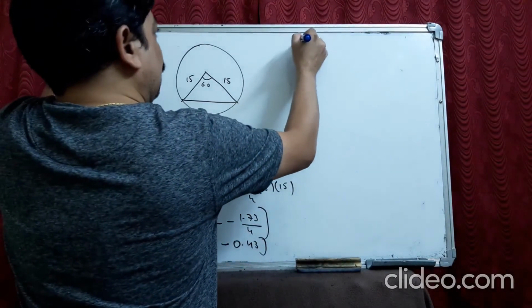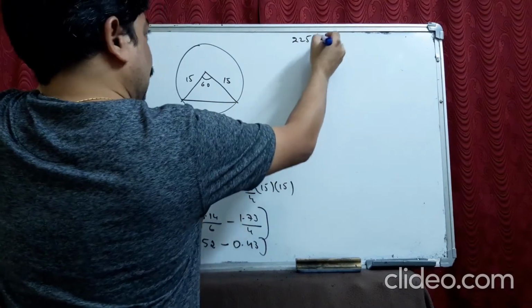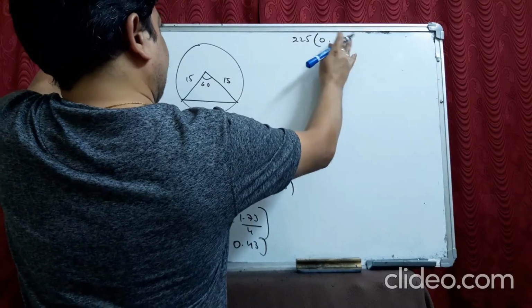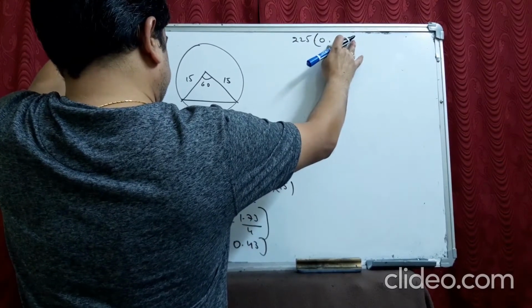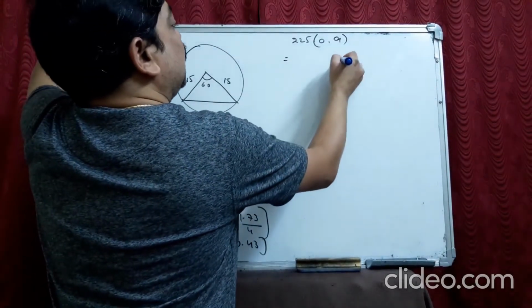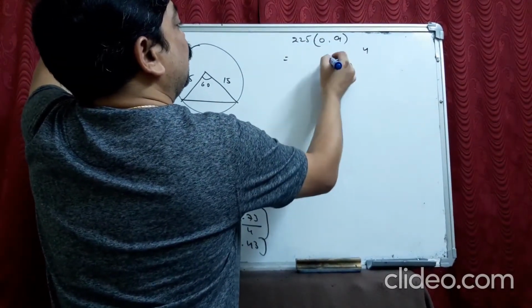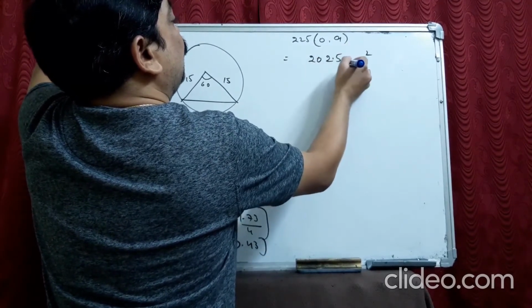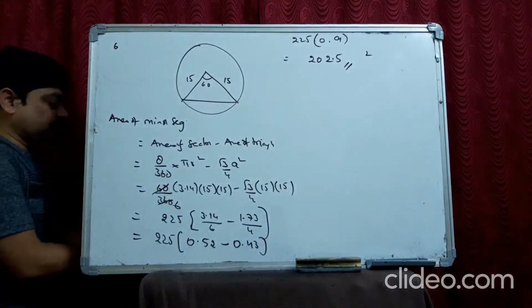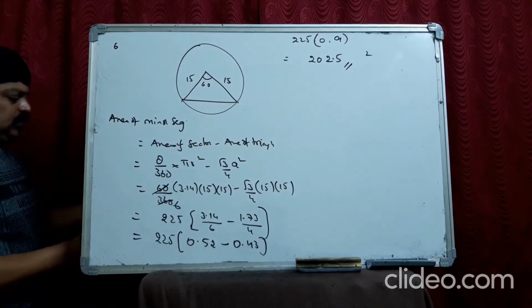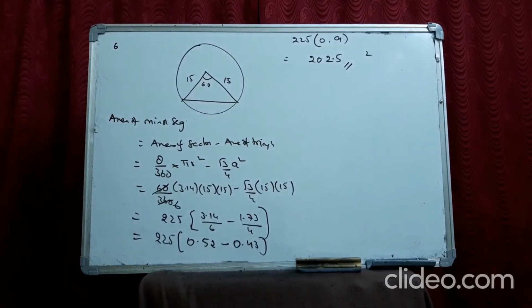That means 225 into 0.9. 9 5 is 45, 9 2 is 18 plus 4, 2 is 18 plus 2, 20. So it becomes 202.5. Let me check the answer. It should be 20.435. Somewhere it went wrong.